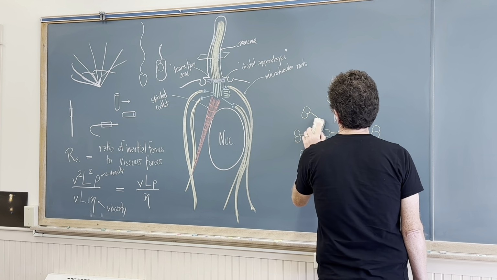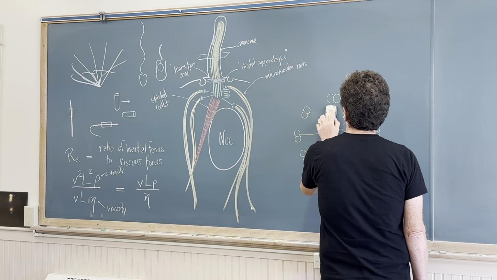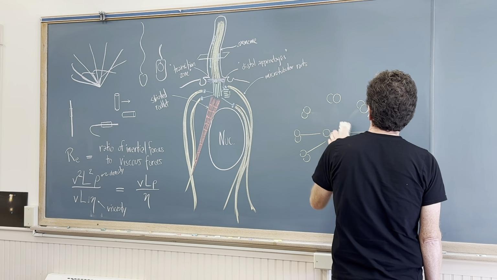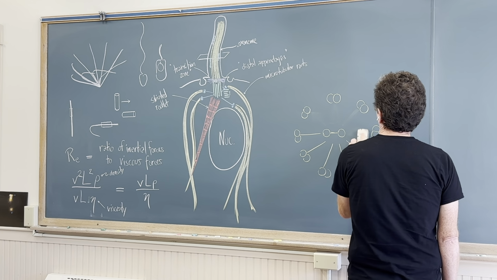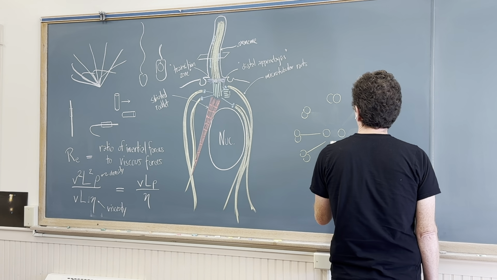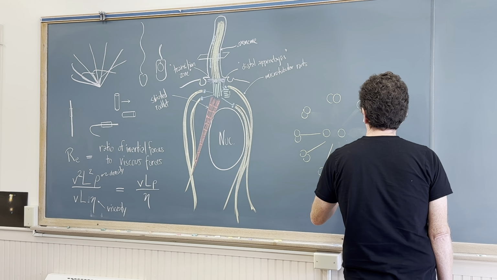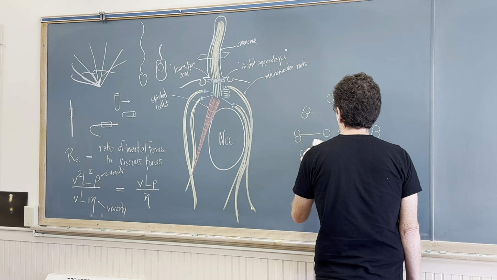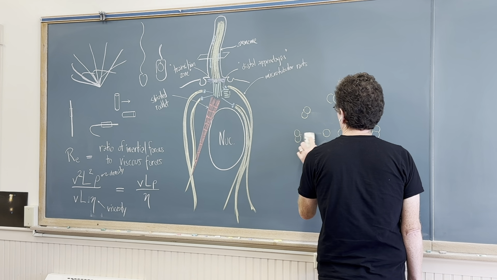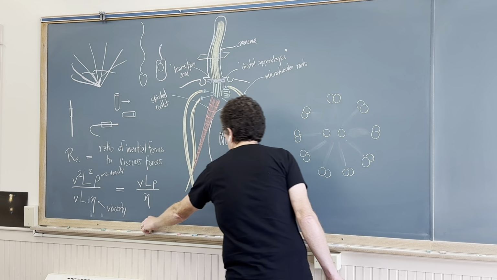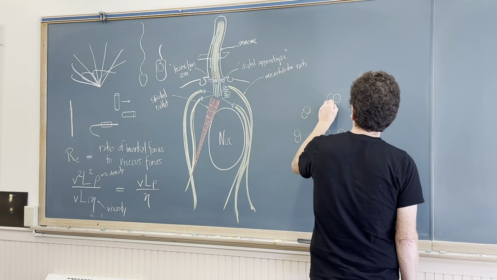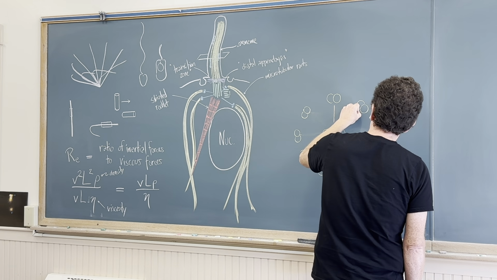I should draw these spokes in a different color because I'm using yellow here as my code for microtubules, and these links are not made by microtubules. So let me revise that quickly. The links are made by a variety of proteins we won't talk about.